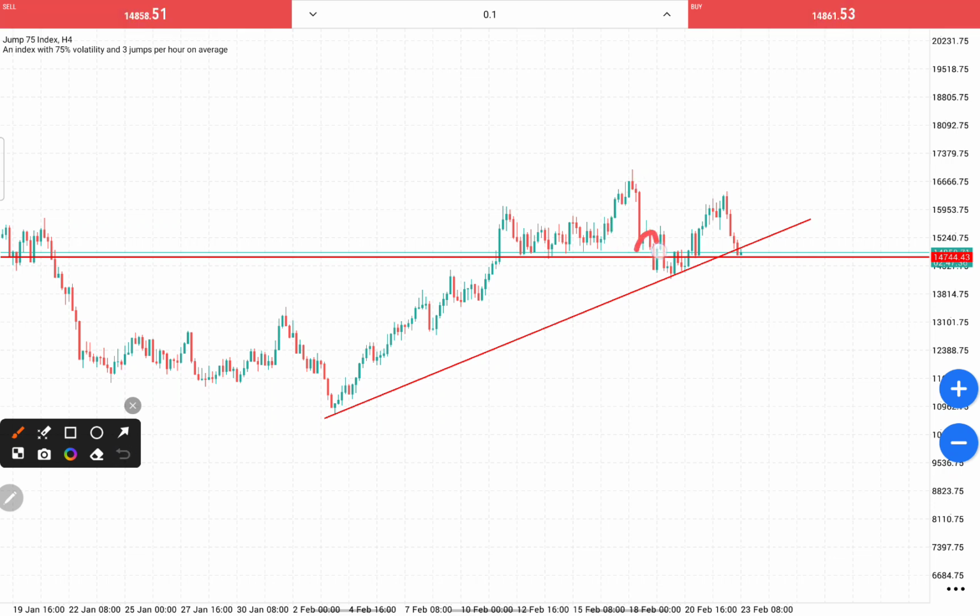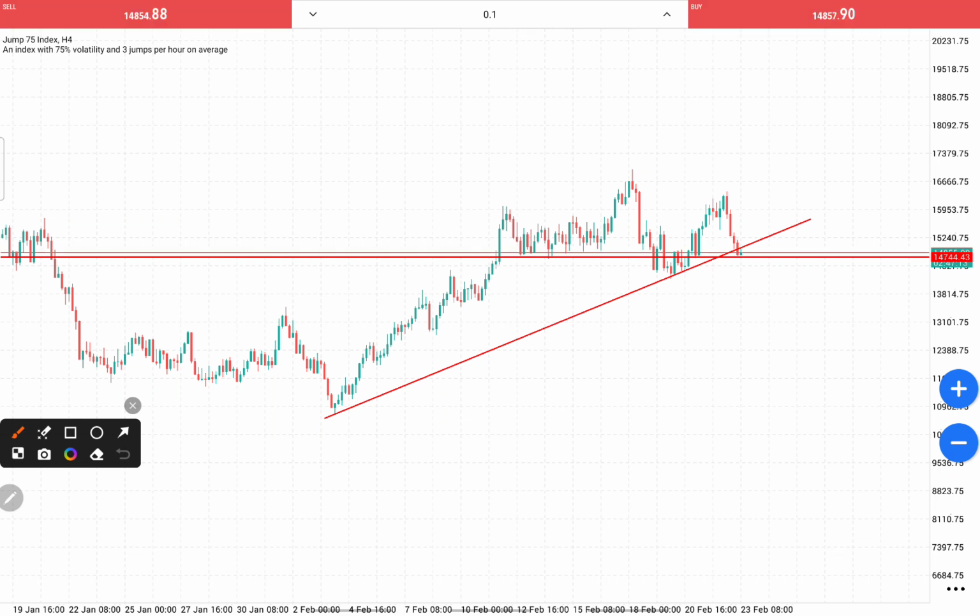The market reversed back to that zone. Do you understand? So that is what you should be looking out for. Bullish engulfing candle, bearish engulfing candle. If you check your chart very well, you are going to see these candles. That is one confirmation.